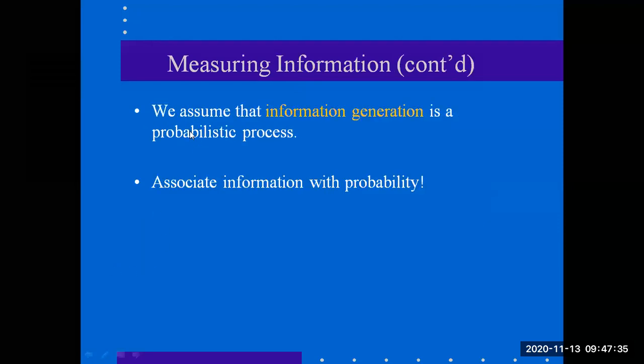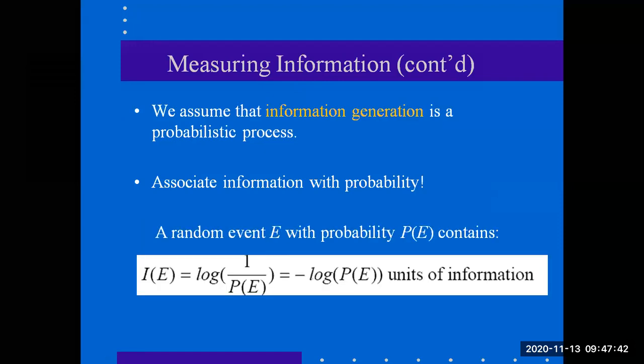Information generation is a probabilistic process, with information associated with probability. So write this, all of you. Measuring information: how are we measuring information? First, we have to assume that information generation is a probabilistic process, not a fixed process.